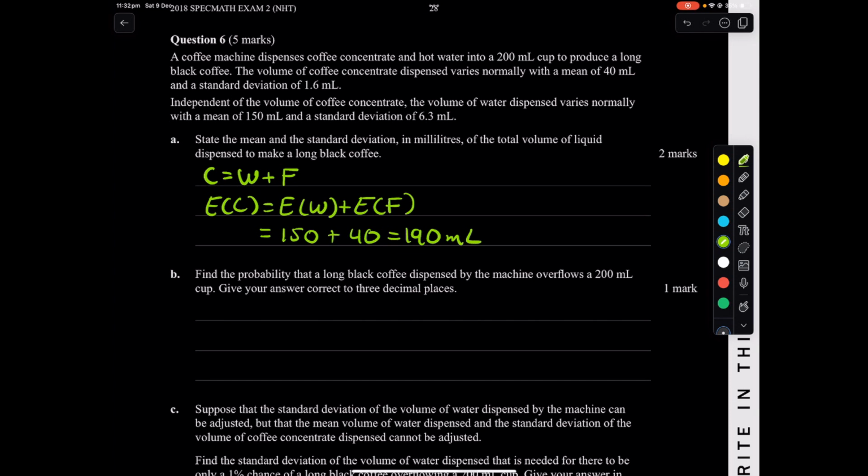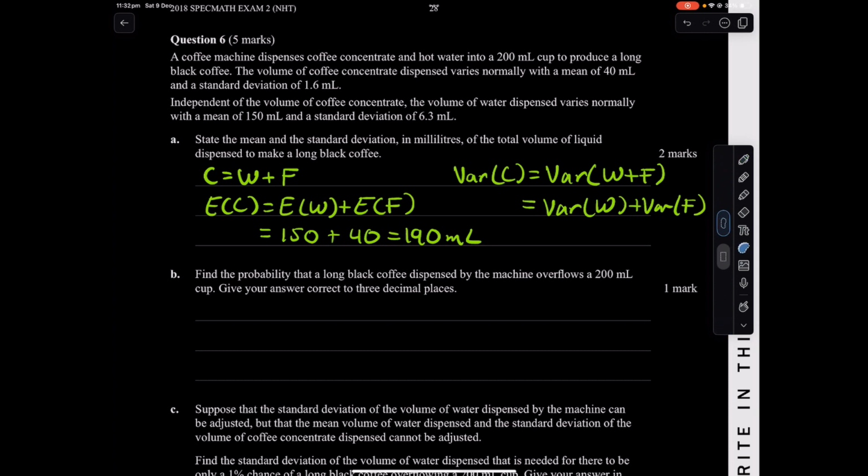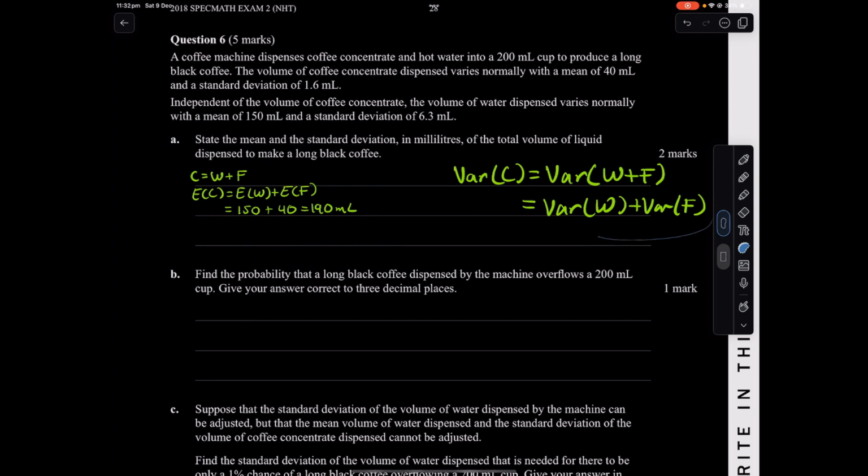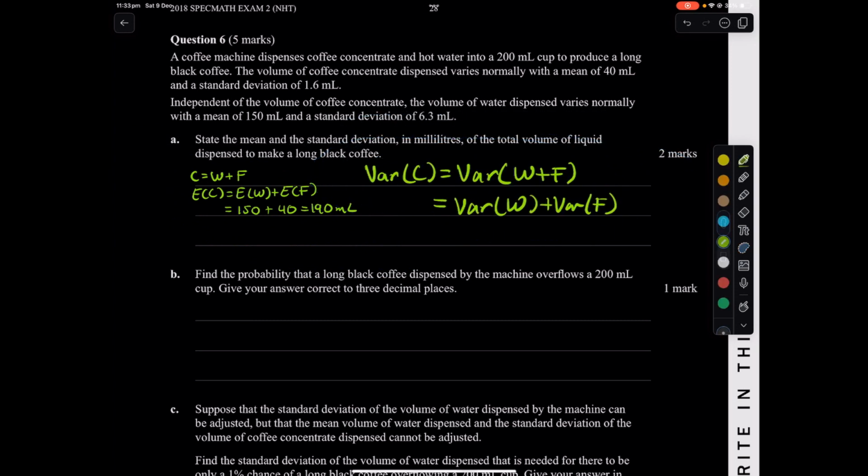That's good. Now, we want to find the standard deviation, so we need to first find the variance of the coffee, which is the variance of W plus F, which is the variance of W plus the variance of F, the coffee concentrate. Okay, so the variance of water, we know that the standard deviation is this, so 6.3 squared. And the coffee concentrate, the variance is just 1.6 squared.